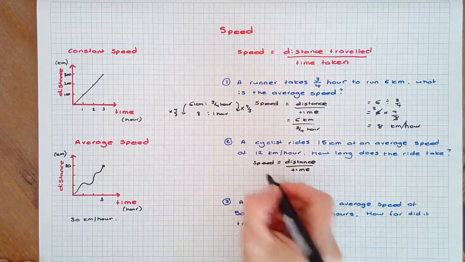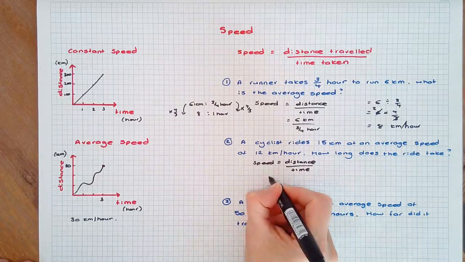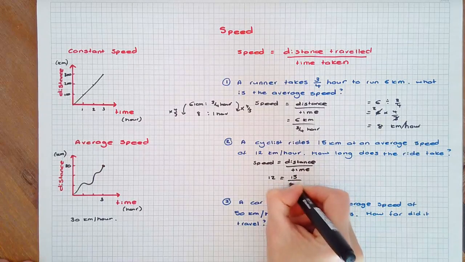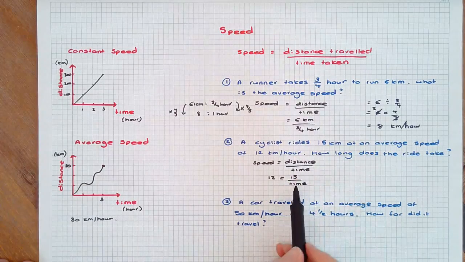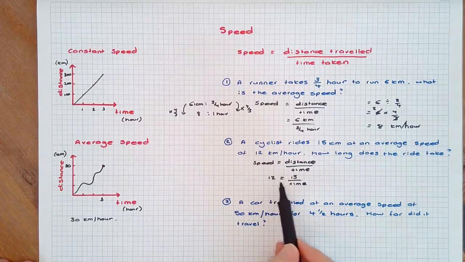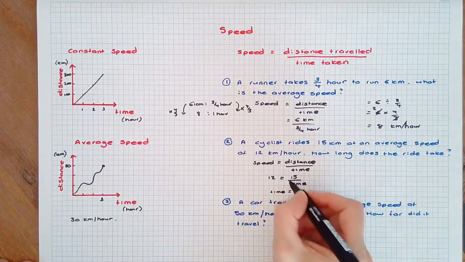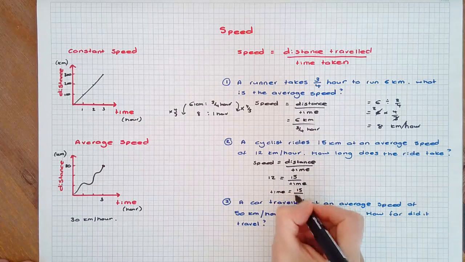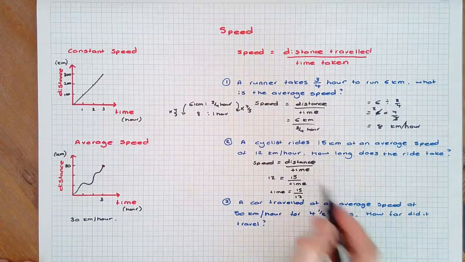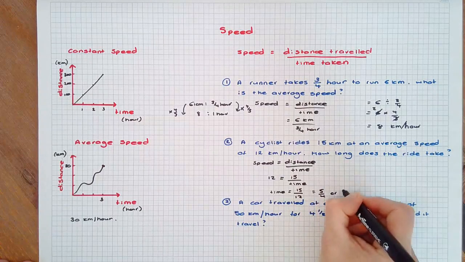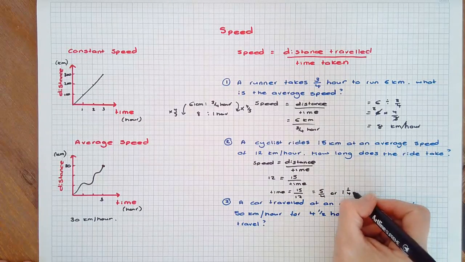The speed was 12 kilometres per hour. The distance was 15 kilometres and the time is unknown. Now, rearranging this formula, we would find that the time equals the distance, 15, divided by 12. 15 divided by 12 can simplify to 5/4 or 1 1/4 hours.